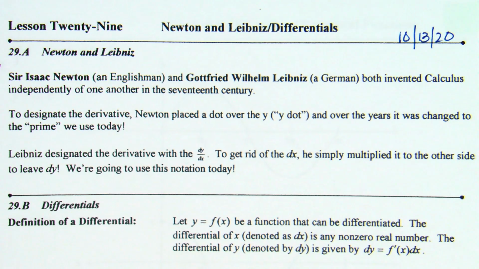Okay, so, Sir Isaac Newton, which you guys have already been joking about, and Leibniz. I don't know, Gottfried Wilhelm Leibniz. Anyways, an Englishman and a German, they were both credited for inventing calculus separate of each other.